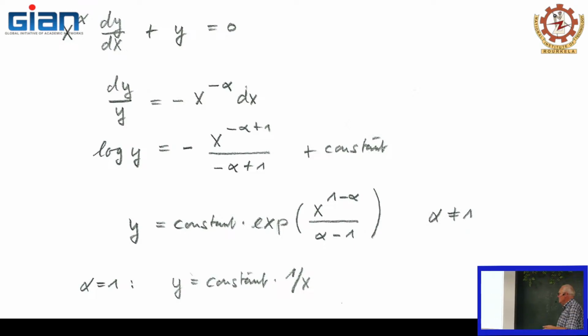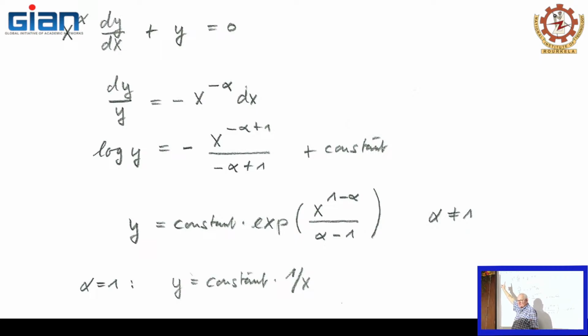So you see, once alpha is bigger than 1, that means it decays faster than the order of the differential equation, you have a diverging solution here. If alpha is bigger than 1, this diverges, and of course the exponential diverges too. You have a diverging solution for alpha bigger than 1, and if alpha is smaller than 1, then you have a nice behavior, so it's no longer diverging.